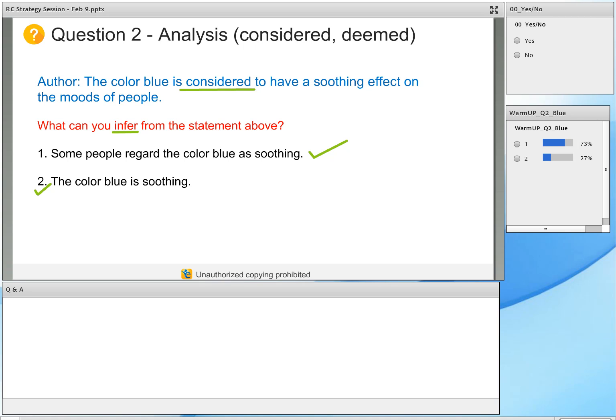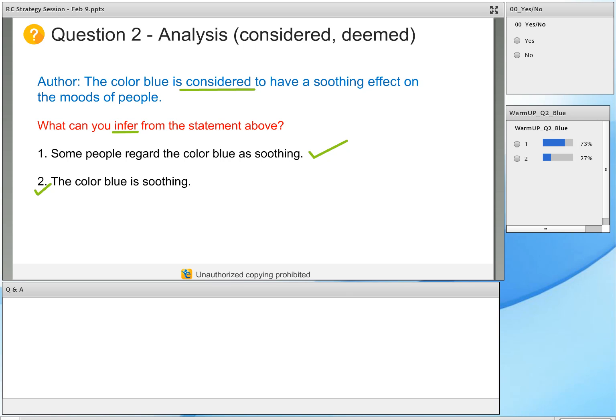A correct inference from the passage is something that the author believes in. If the author is simply presenting somebody else's views without telling whether he agrees or disagrees with those views, we cannot infer that information from the passage. Inference questions are always from the standpoint of the author.